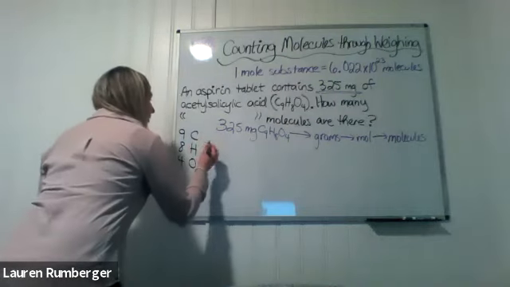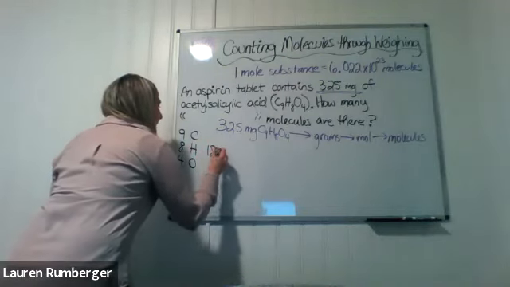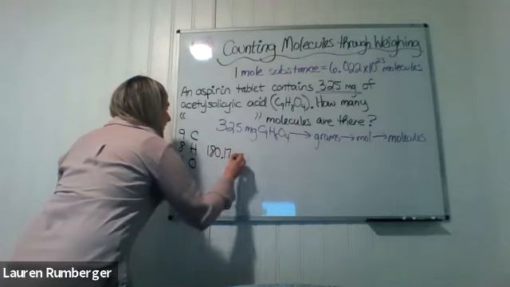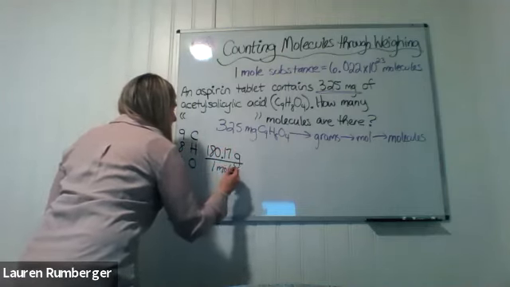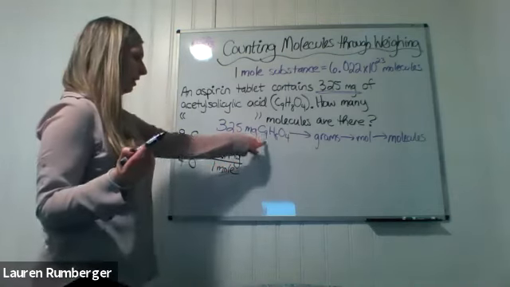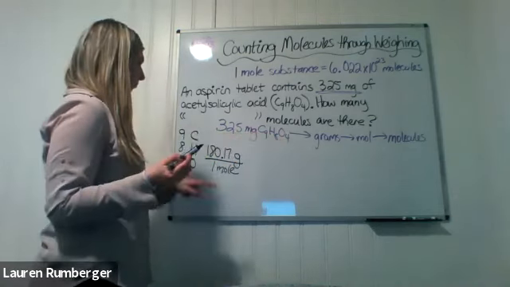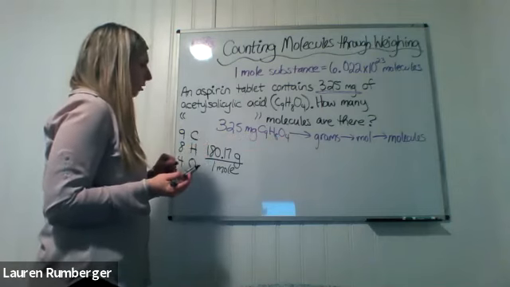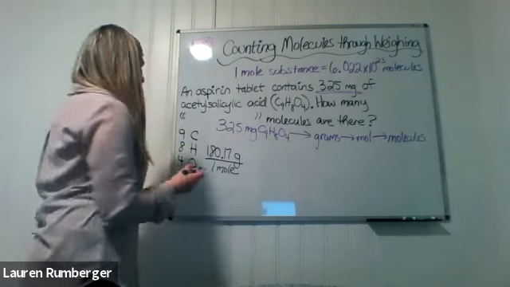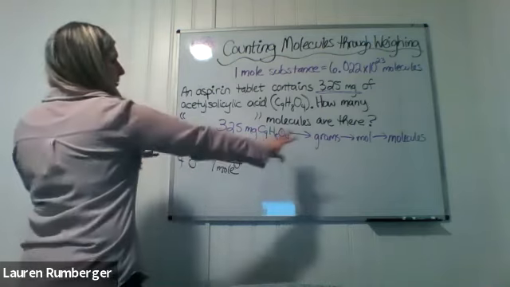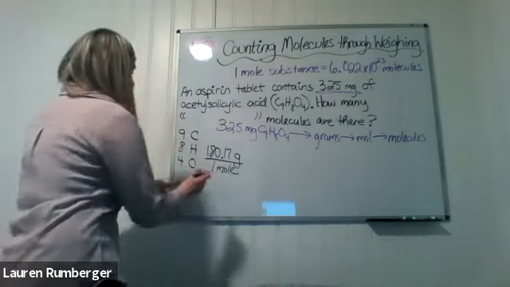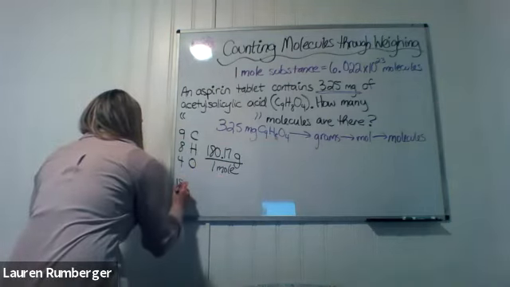So the molar mass is 180.17 grams per 1 mole of our C9H8O4. This is our molar mass that we're going to apply. I'm just going to write it small over here so that I remember it, but I need more space to do my conversion here.